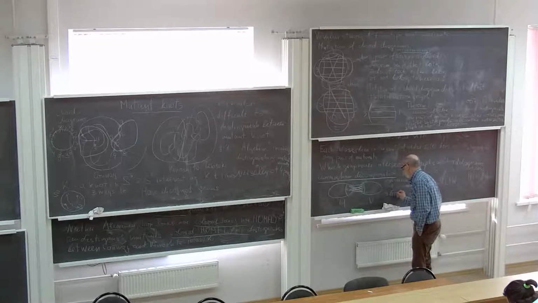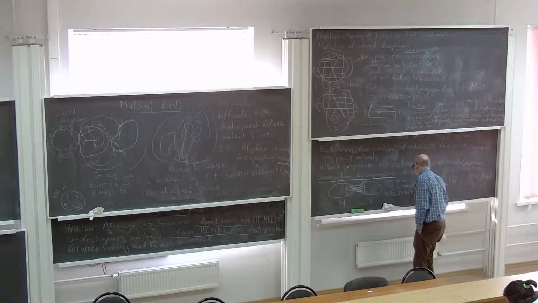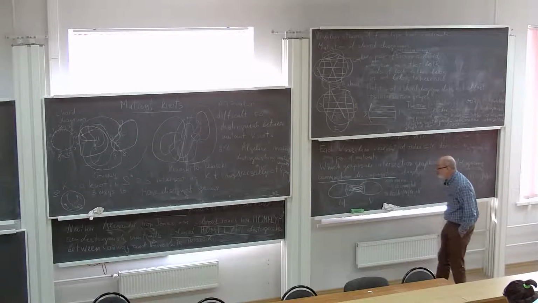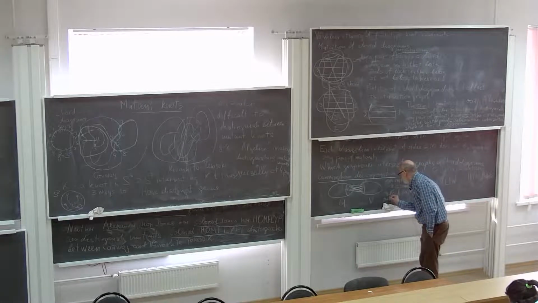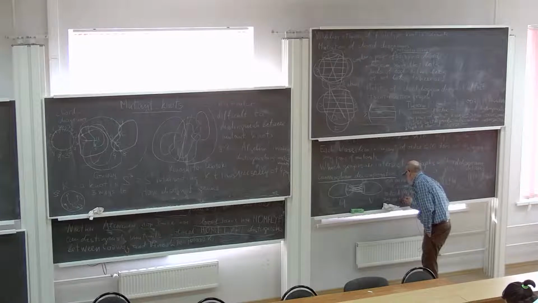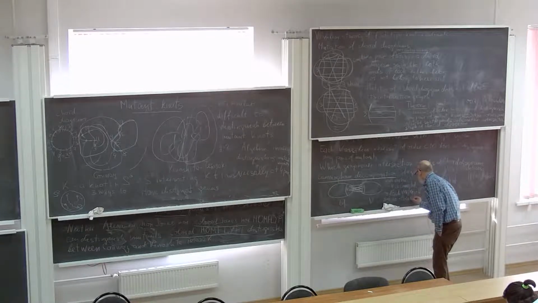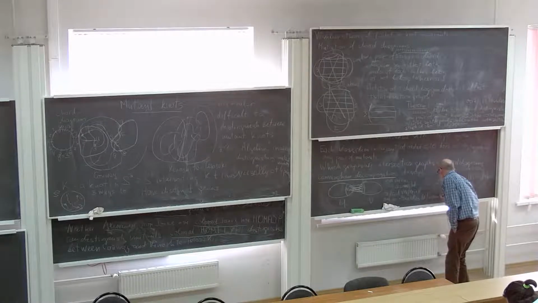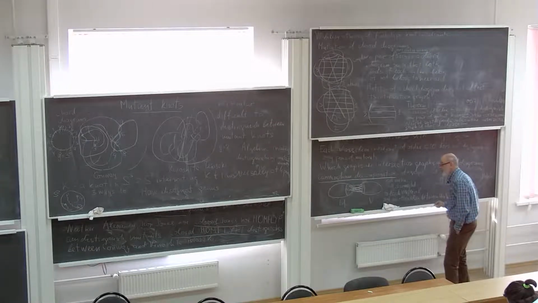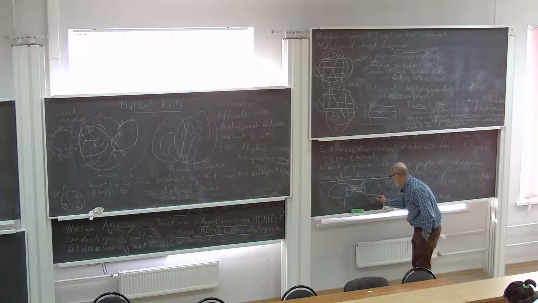Each vertex in V prime. And no other edges between U and W. It's not V, it's W, sorry.